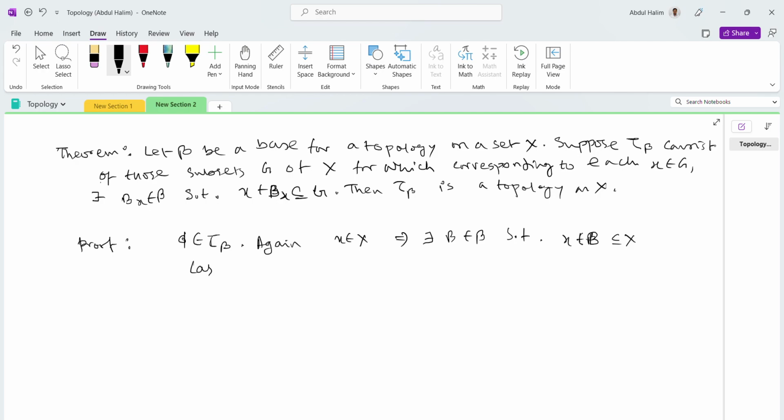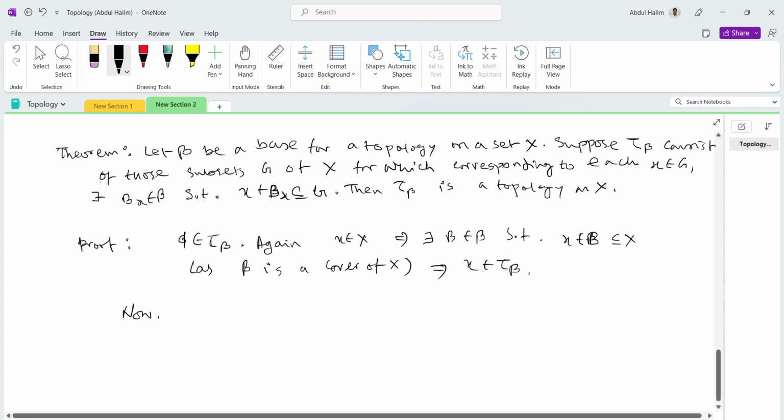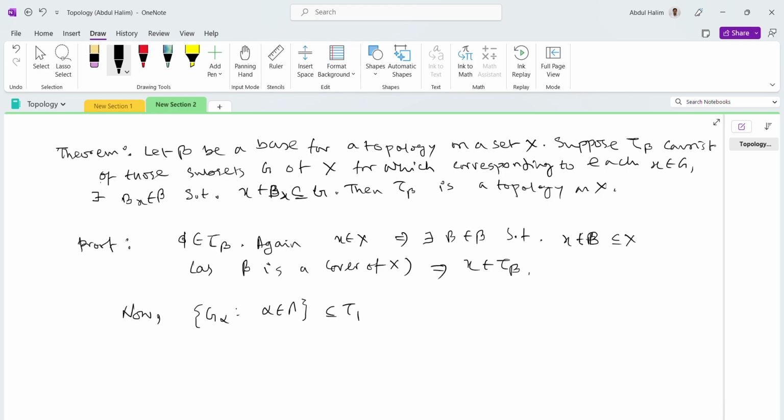Again, for x belonging to X, there exists a B belonging to beta such that x belongs to B subset of X. Actually, as beta is a cover of X, this implies X belongs to tau of beta.